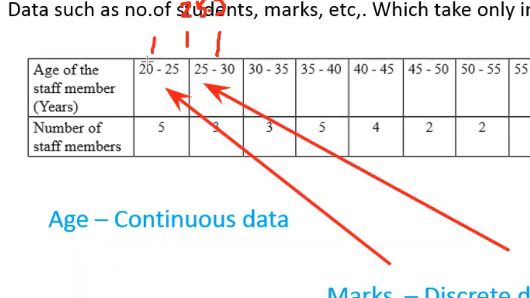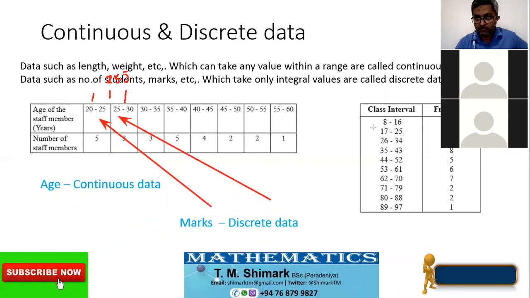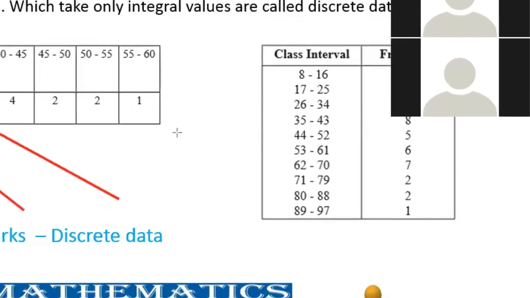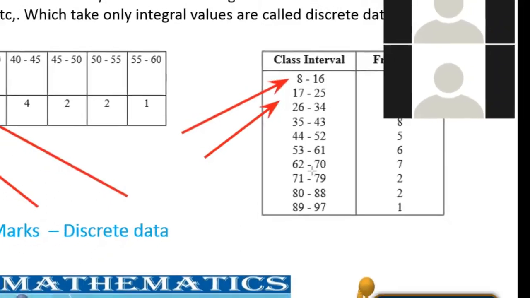That means here 20 is included till 25, and here 25 is included till 30. That's the meaning. But here it comes 8 to 16 and then we start at 17. The next number is 17 because marks we don't get between 16 and 17. That's the reason we call this discrete data.